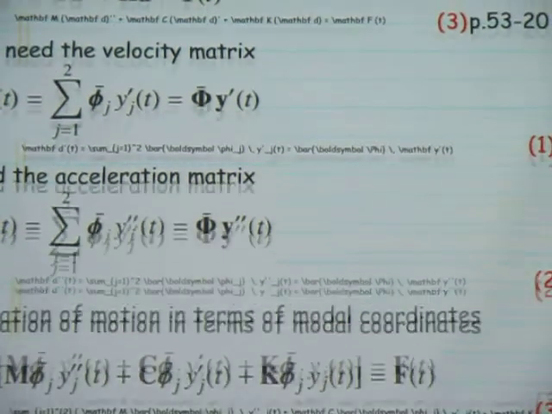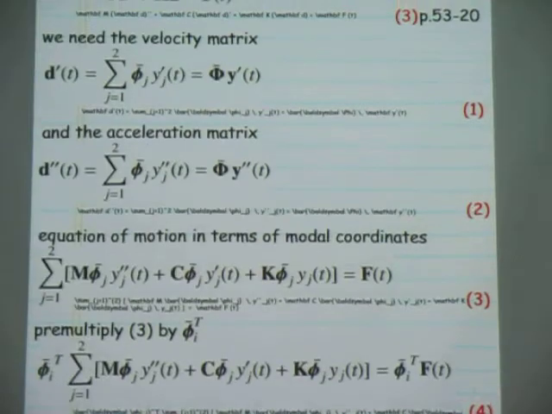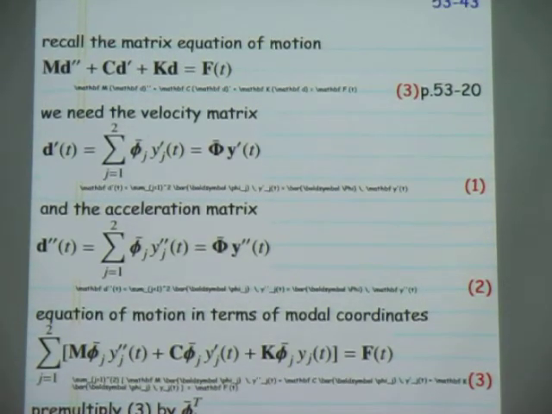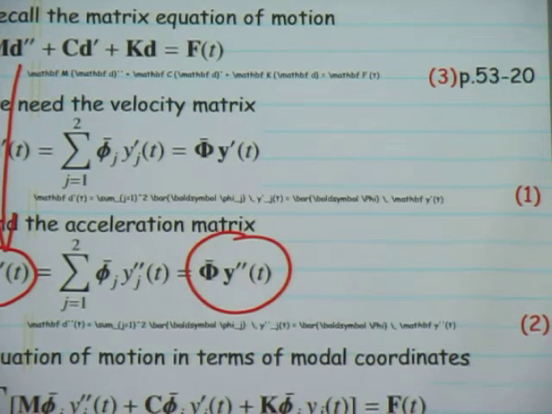So that's it. Now you can replace. Let me zoom out now. You see the acceleration, you can replace by this matrix phi bar y double prime, or in terms of the summation, and that goes here.